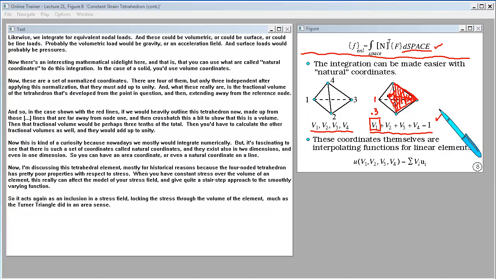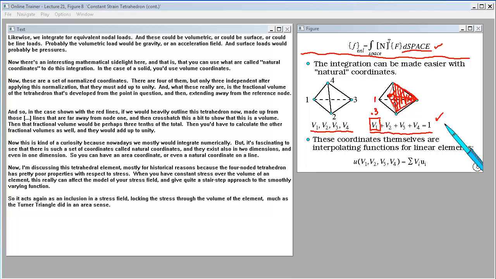Now this is kind of a curiosity, because nowadays we mostly would integrate numerically, but it's fascinating to see that there is such a set of coordinates called natural coordinates, and they exist also in 2 dimensions and even in 1 dimension. So you can have an area coordinate or even a natural coordinate on a line.